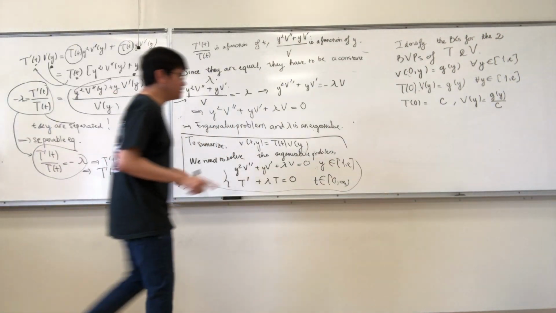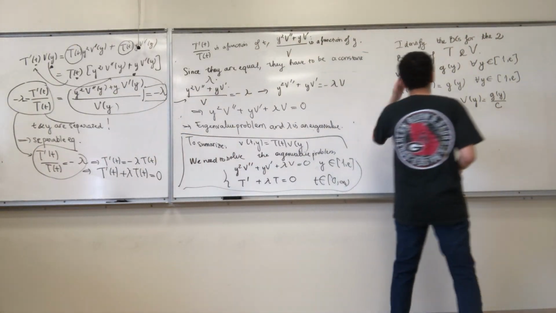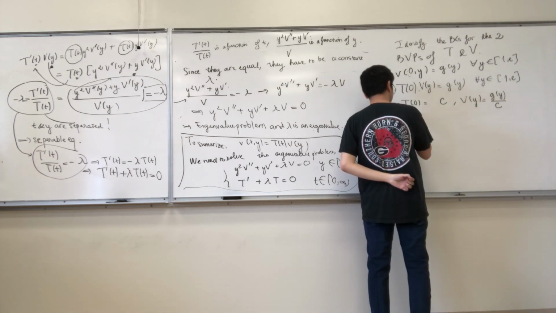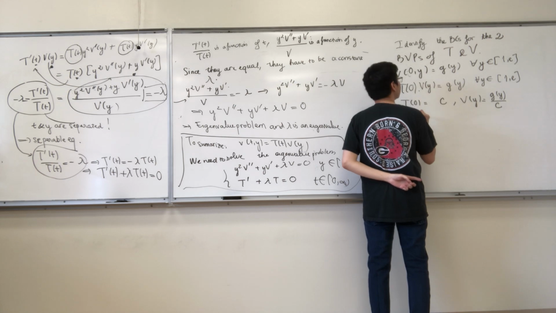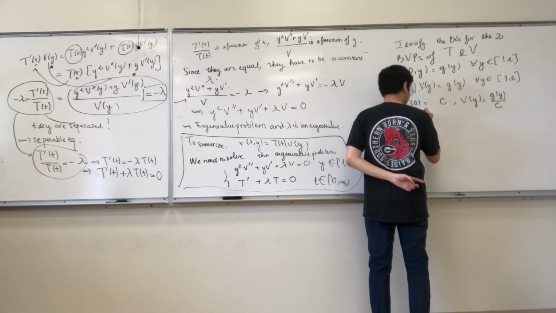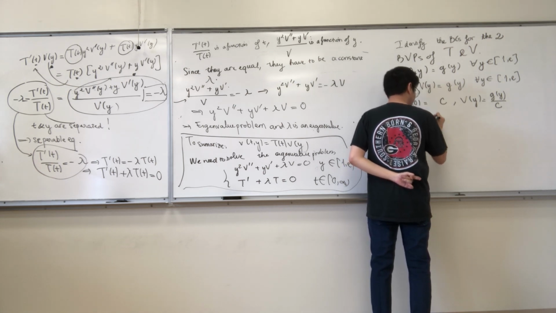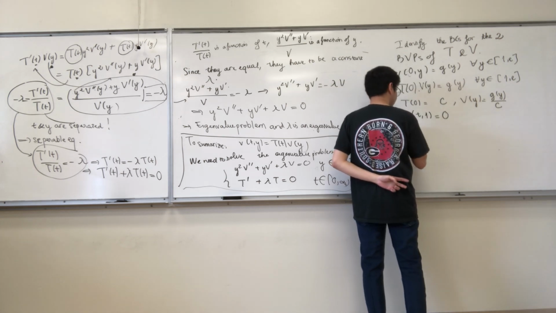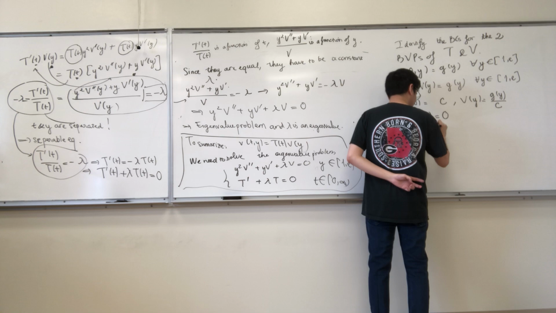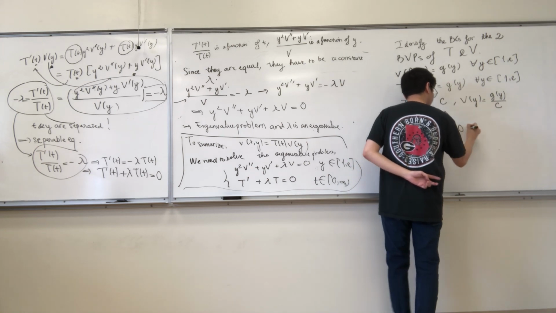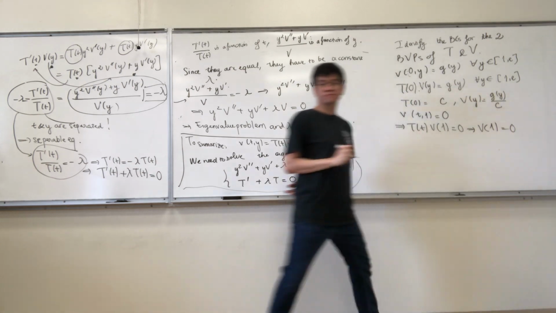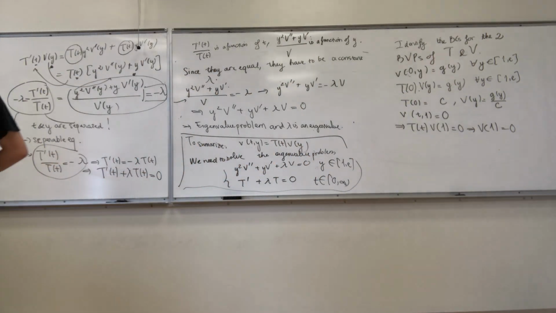Now I have to identify the second boundary condition. The second boundary condition is what? v at t, 1 is 0, right? So this means that V at 1 is 0. So V at 1 is 0. All right? It's clear?